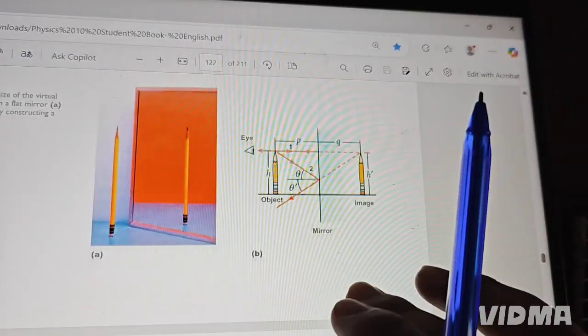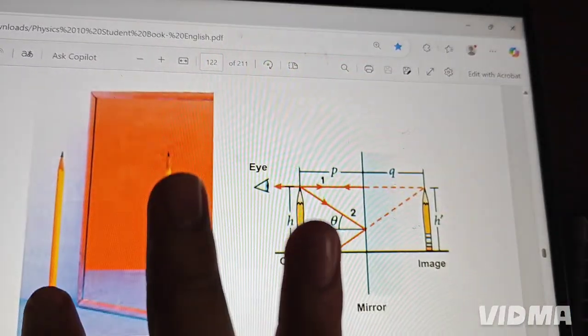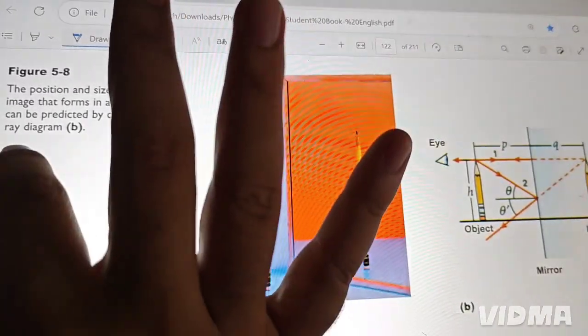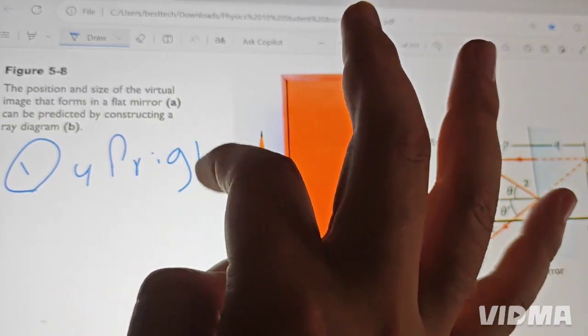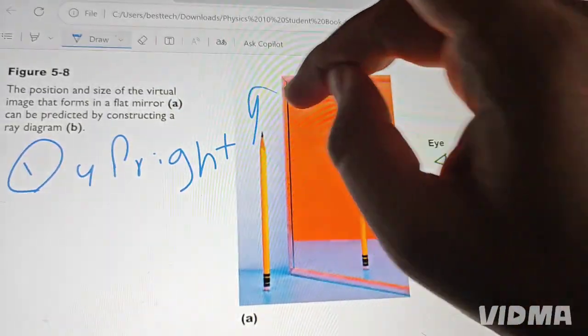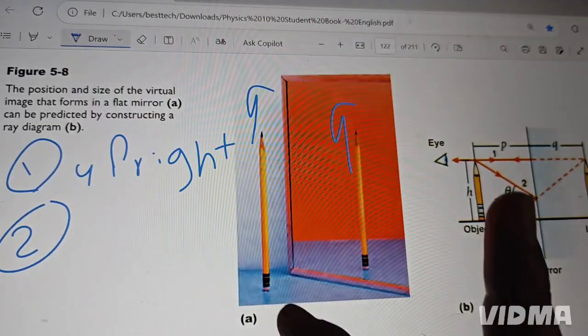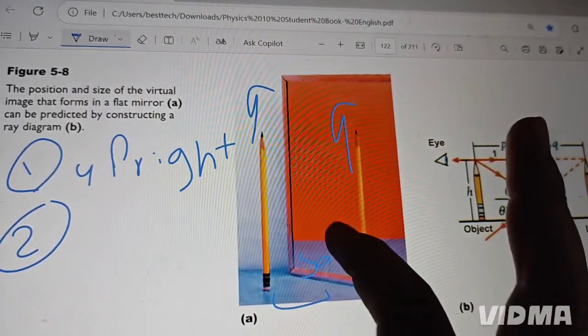Good. This is the same thing that we said. Let me do it again for you. This is the object, and the first property that we said is upright. Both the object and the image are in the upright direction, upward, without flipping. Same thing, the object distance and the image distance are the same.